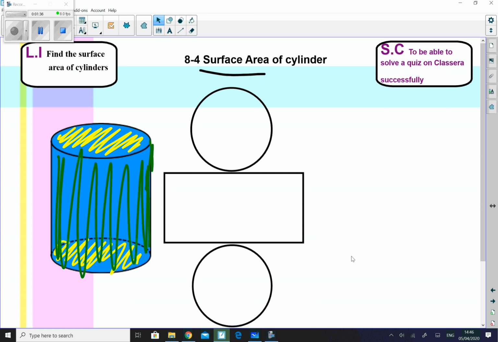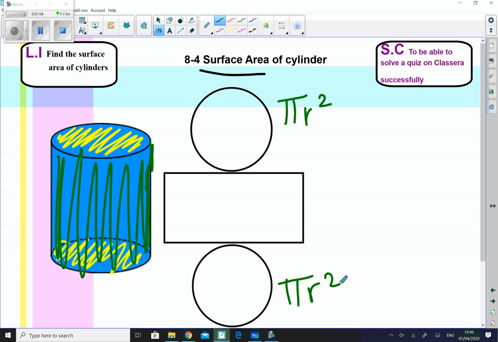So let's see what we are going to do. To find the surface area, you need to find the area of these three shapes. We know the area of the circle, which is pi r squared, right? And the same here, it's pi r squared. But what about the rectangle? This side of the rectangle is the height.